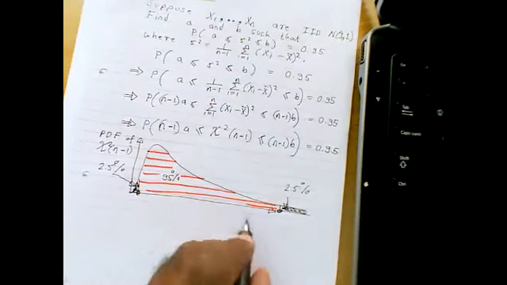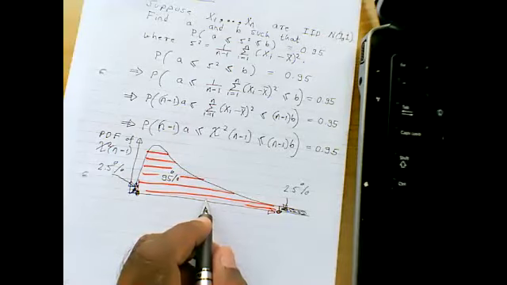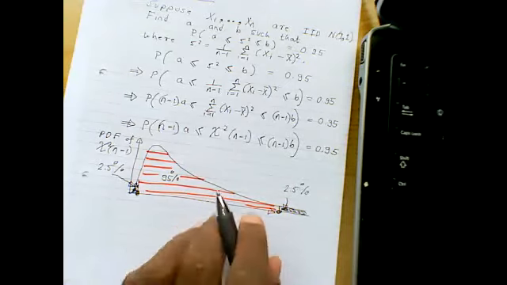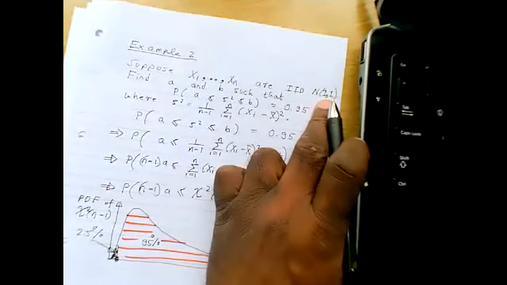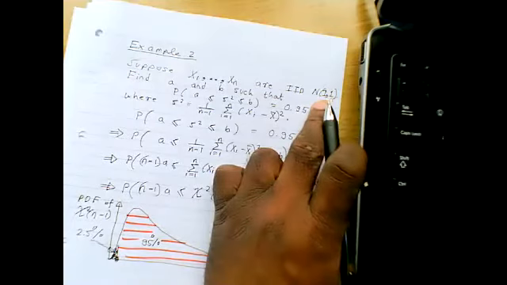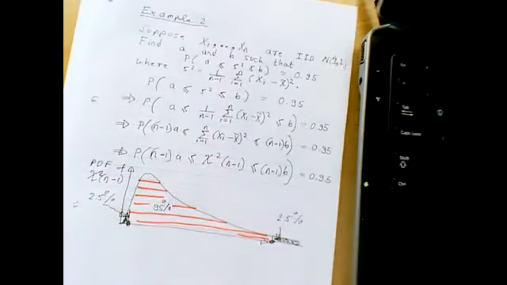All right, so the total area is sigma squared, but sigma squared is 1. If you look at this, your sigma squared is 1, so you're multiplying by 1, so it doesn't make any difference.